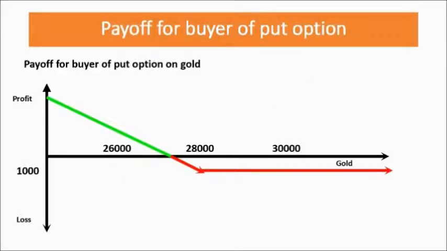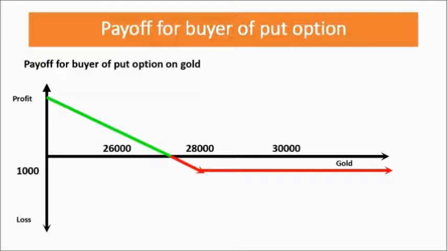Now, this is a put option perspective. Here a buyer bought a put option of gold, for which he paid some premium, 1,000 rupees in the same case, with a strike price of 28,000, expecting that the market will go down. So here he has a selling right. Since this is a buyer of a put option, the moment he buys this kind of option, he is in loss, because he spent 1,000 rupees to get this option.